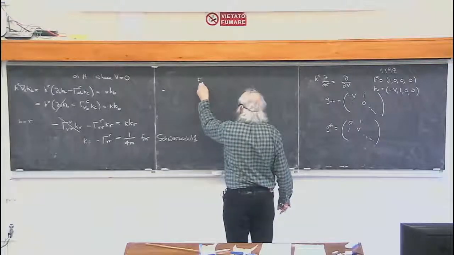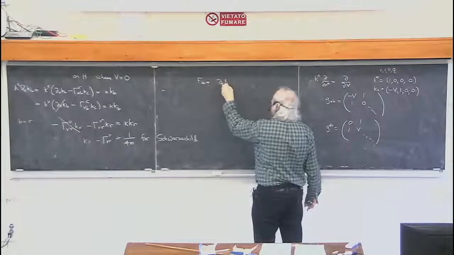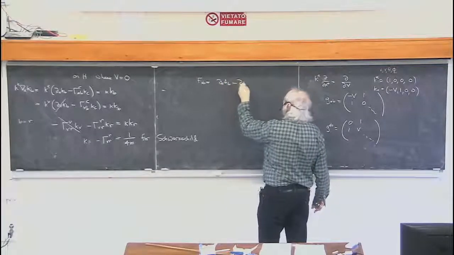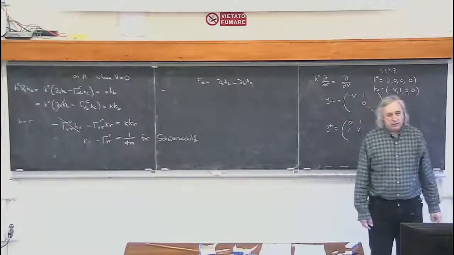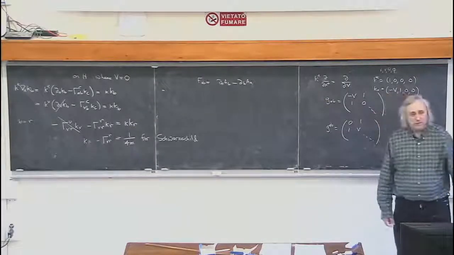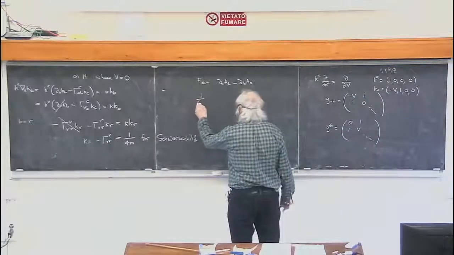Take Fab, the electromagnetic field strength tensor. It's equal to the partial da of Ab minus db of Aa. I can integrate this thing over a big sphere at infinity, appropriately normalized.